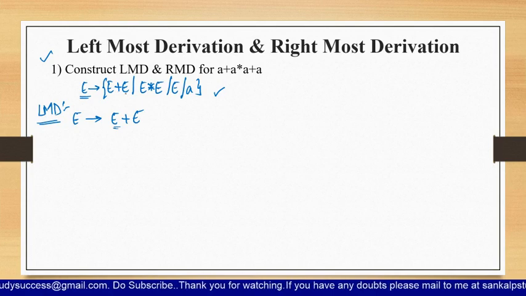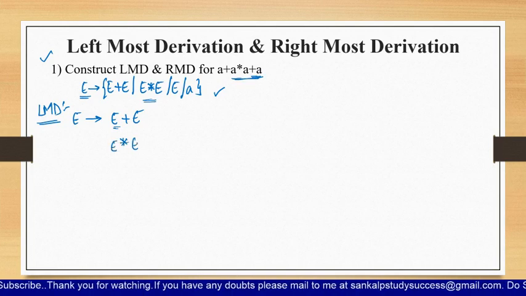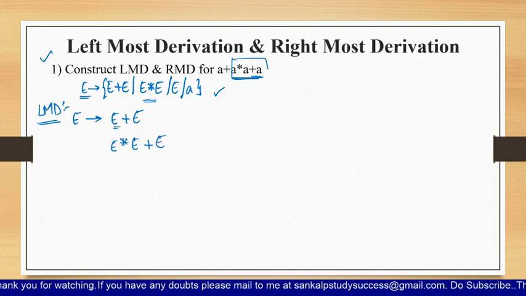Here, if you substitute E plus E, then it becomes E plus E plus E, which is not our expression, right? If you substitute E star E, we are already with plus E, and if you substitute E star E, it becomes E star E plus E. So if you observe, we got this, right? But in place of A, we are having E.